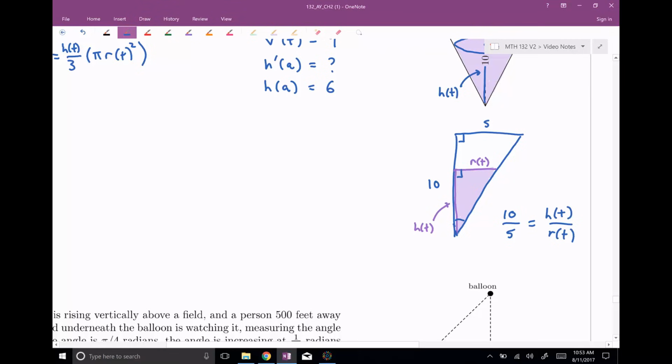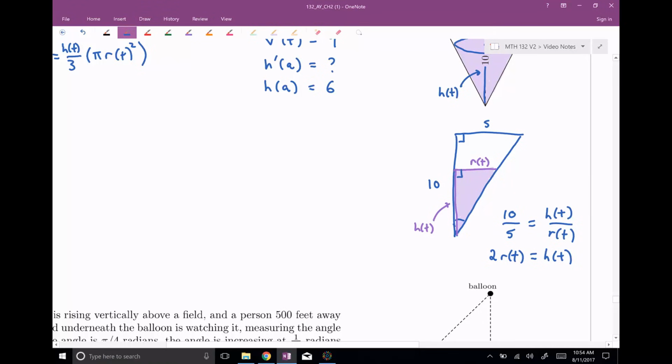Okay, so that enables us to rearrange, right? So I'm going to write 2r of t, right? So that's 10 divided by 5 is 2, and I move the r of t over, is equal to h of t. And so this will enable me to get rid of my radiuses and trade them in for heights.